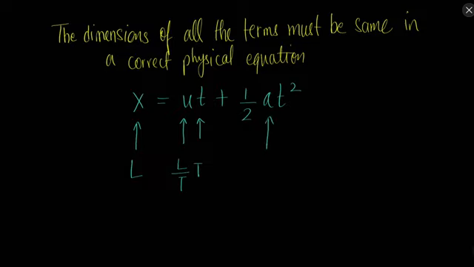Dimension of acceleration is velocity upon time, and velocity is distance upon time. So acceleration is L upon t square, and again the dimension of t square is t square.